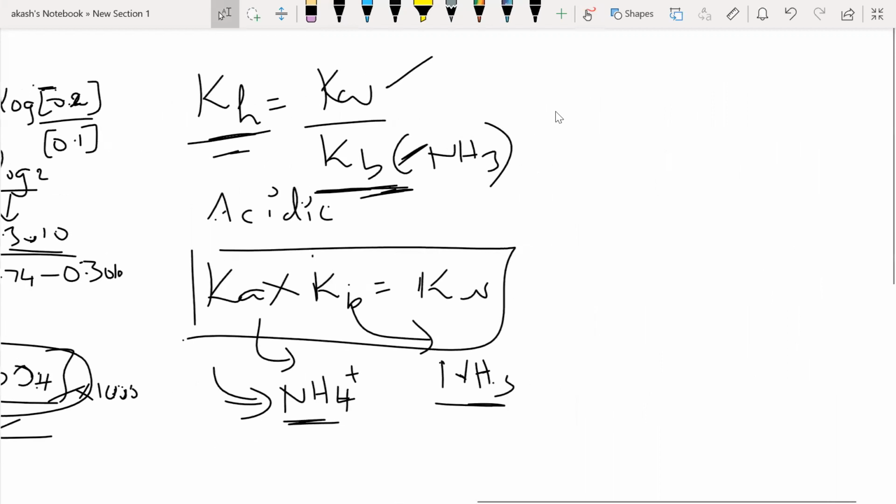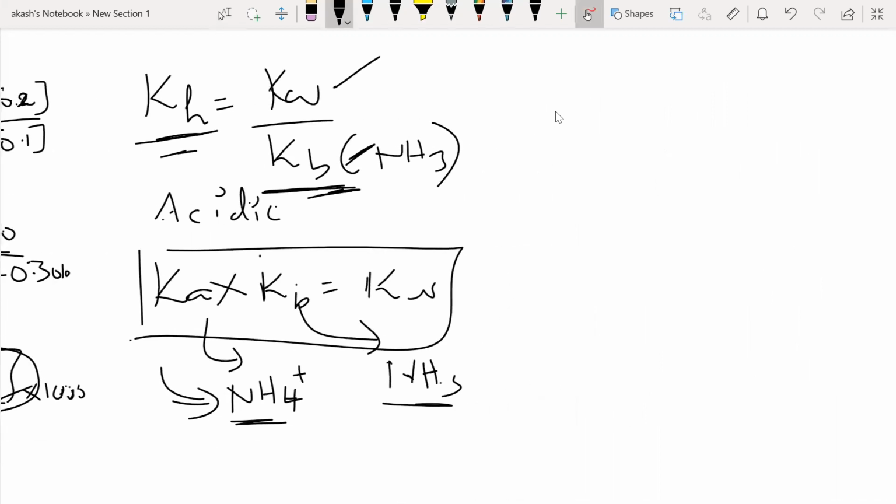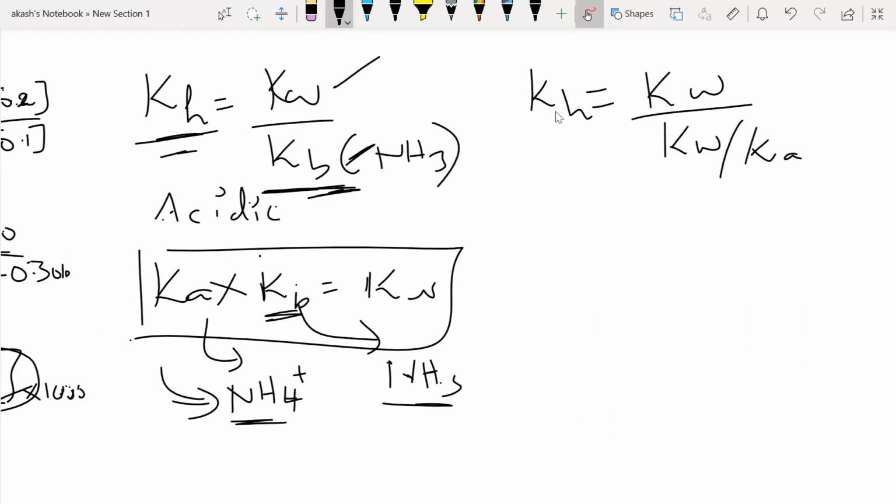So Kh will be Kw divided by Kb, and Kb is equal to Kw by Ka. If I bring this at the top, it will become Kw into Ka divided by Kw.